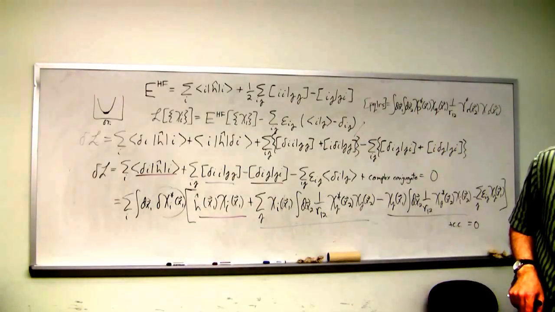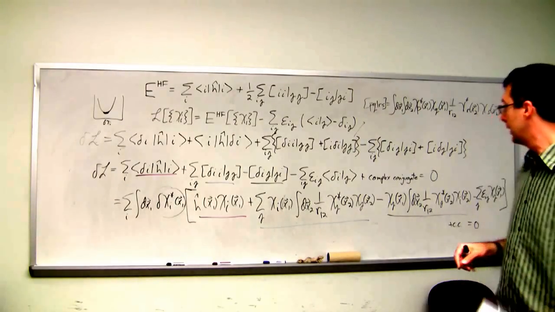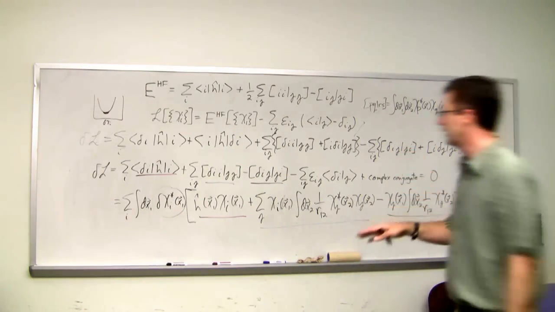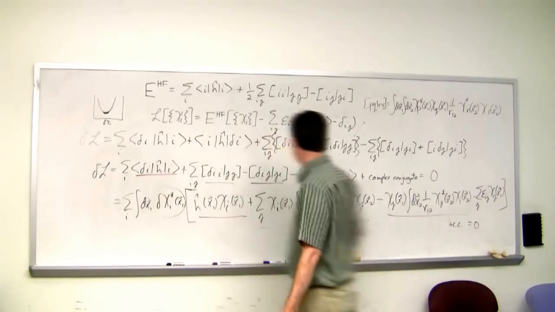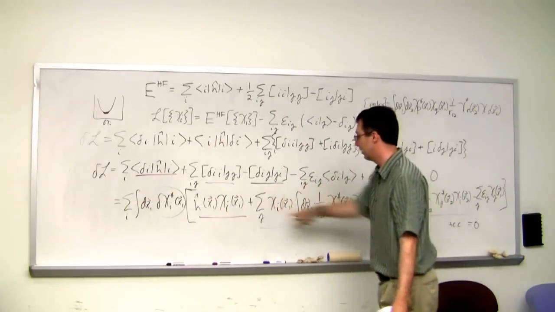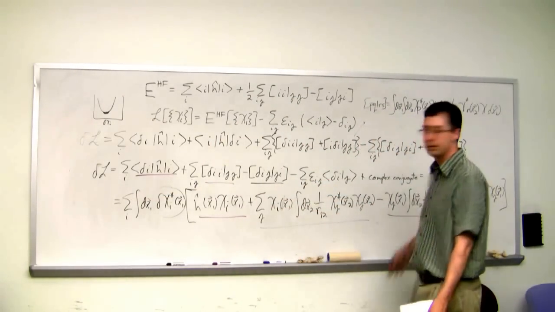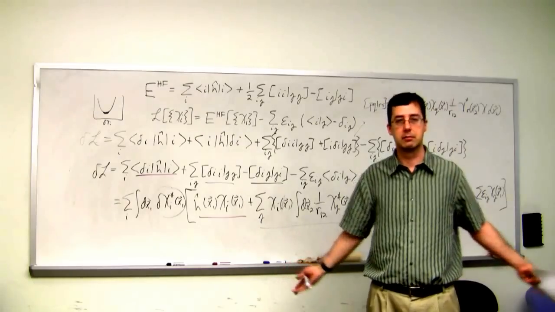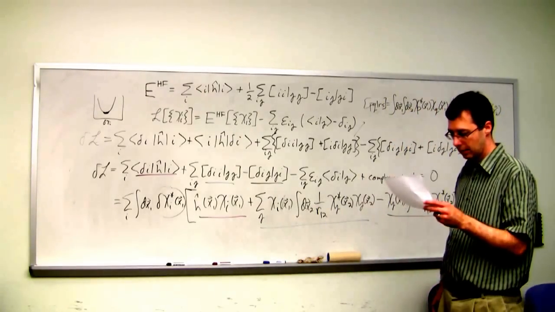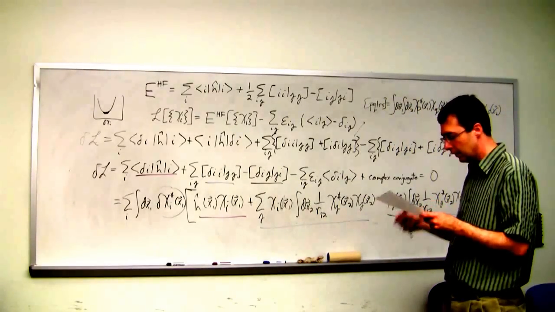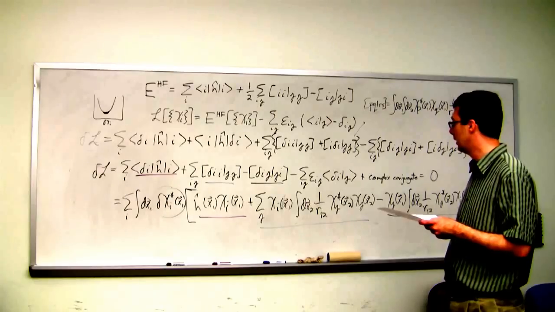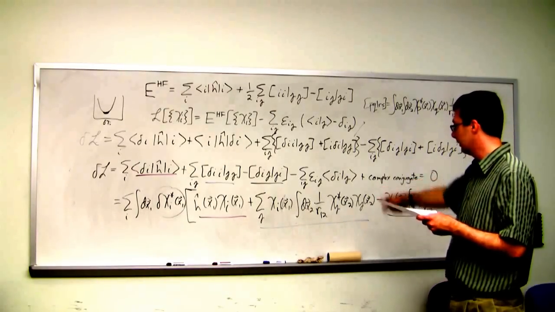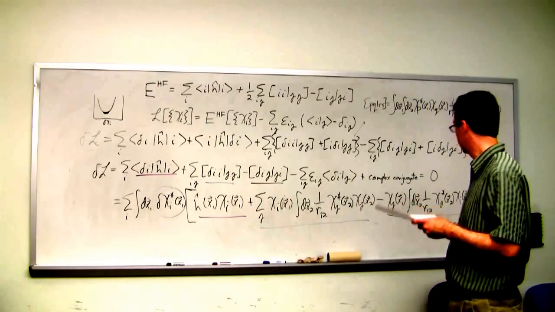Okay, so what does that mean? Well, it means if I want, I can now trash this part and just write the thing in brackets and say, all right, if that's 0, what does that entail? In fact, that's actually what I'm going to do. So, this thing in brackets, what does it mean if that's 0?